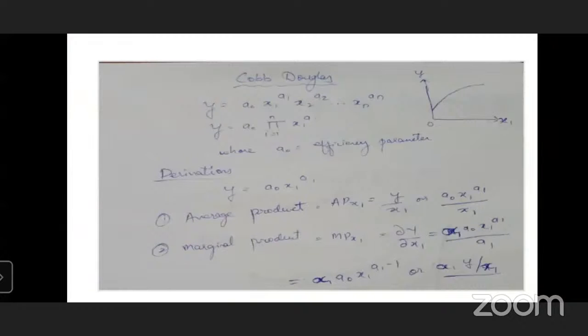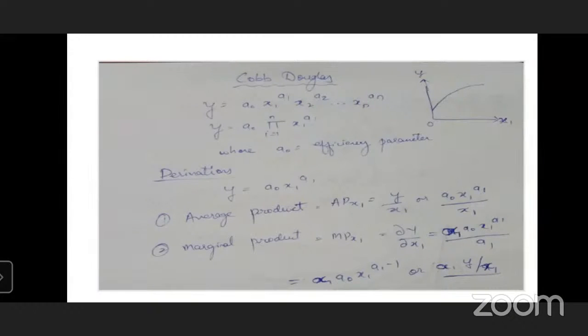It means that x1, x2, x3 are the variables, and a1, a2, an are the coefficients of those variables. So just remember, BSc students, that a1, a2, a3 are the elasticities of production of the factors. If they ask you what is the elasticity of production of x1, it is simply a1. Nothing you need to explain.